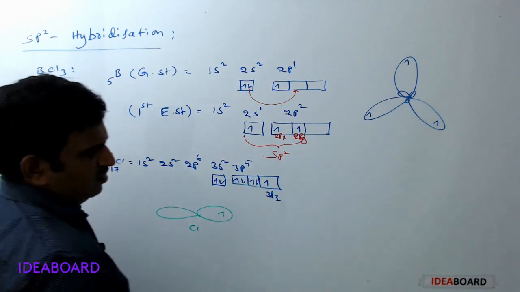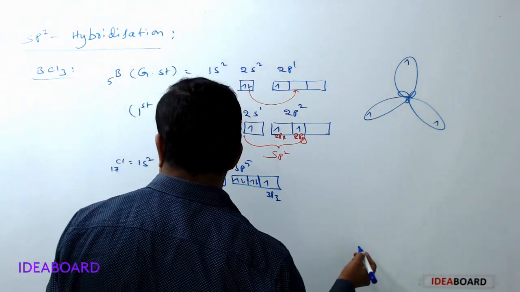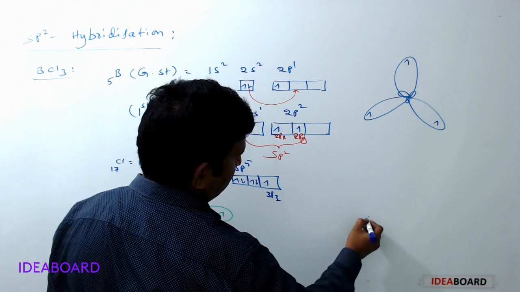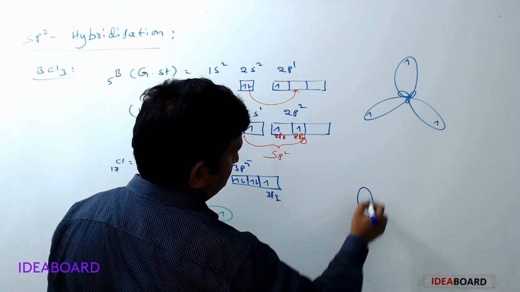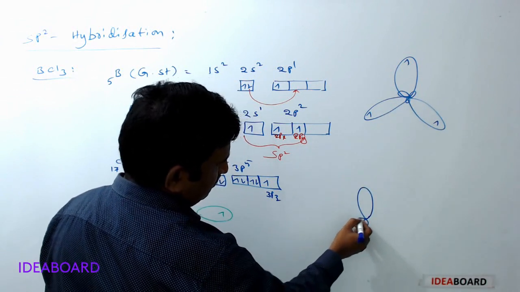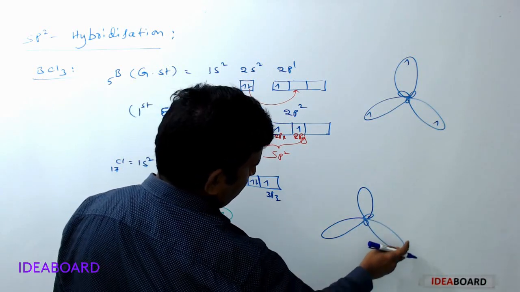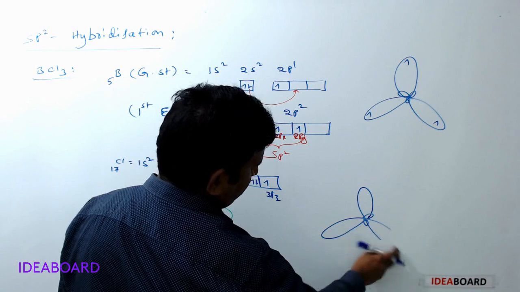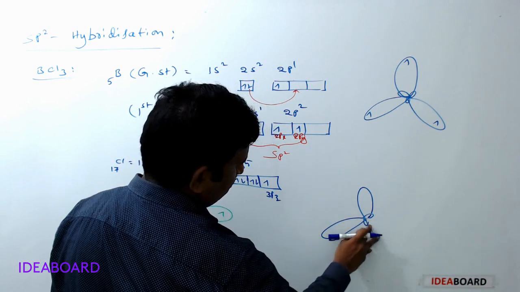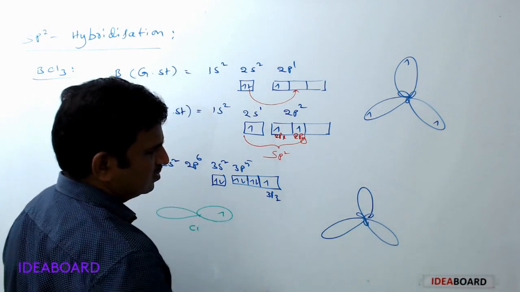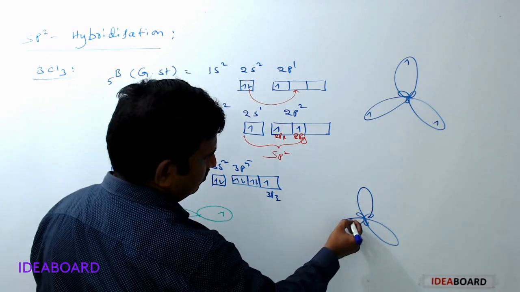Okay, and now I am writing the boron hybrid orbitals first. I am writing the same. Okay, these are the three hybrid orbitals.